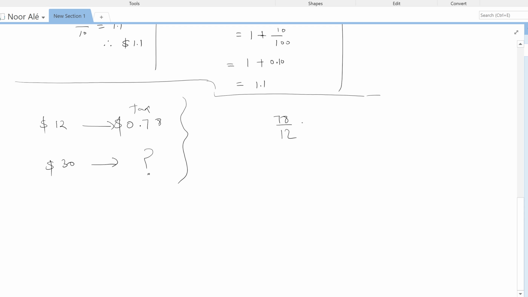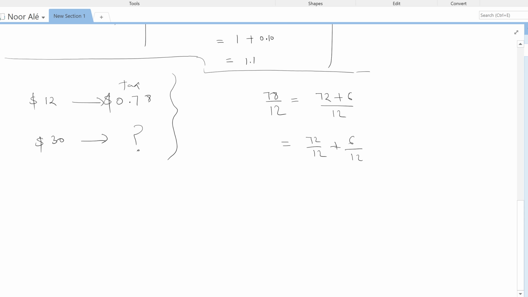Now 78 is the same as 72 plus 6 over 12, and 72 over 12 plus 6 over 12. Now 72 over 12 is 6, right? You already know that. That's why you break it down in terms of 72 plus 6. And 6 out of 12 is 1 half.